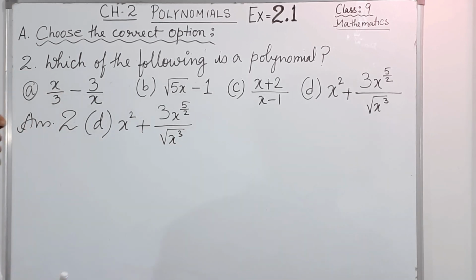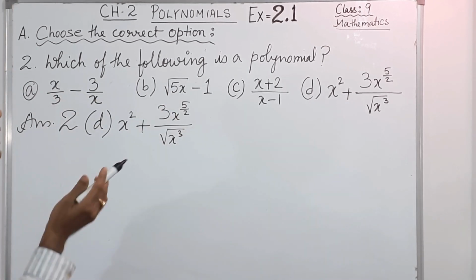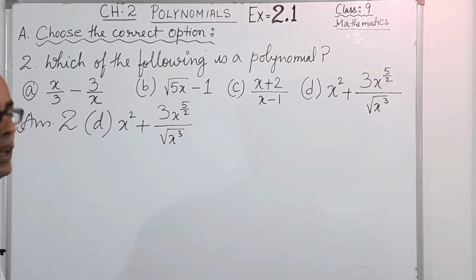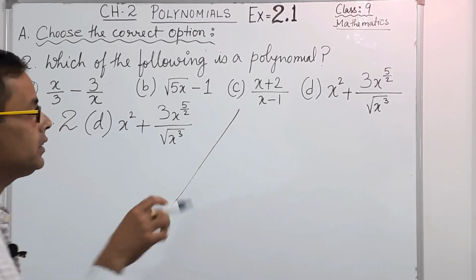Now you will be thinking, sir, how you wrote it directly without any calculation? Yes, because if these 3 options are not a polynomial, then the last one has to be, because there is no other option. Okay, otherwise the question will be wrong. Now for your understanding, let me solve it.